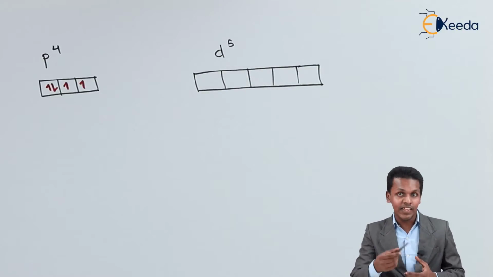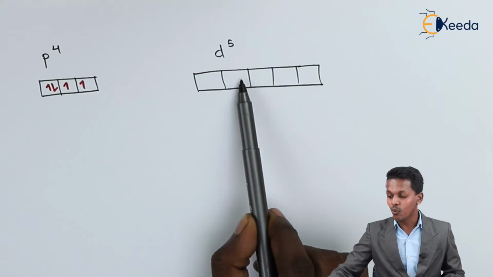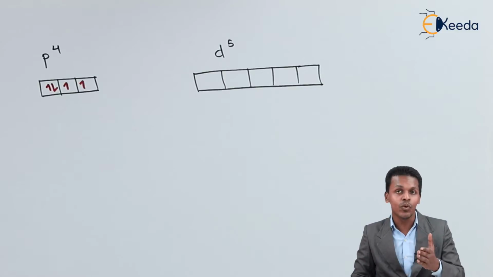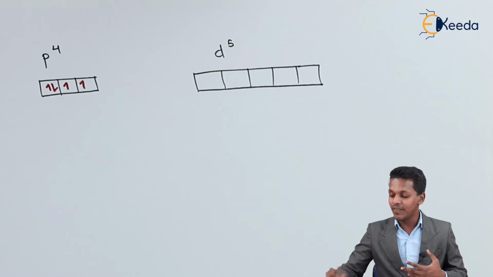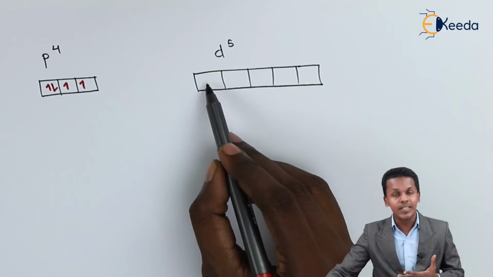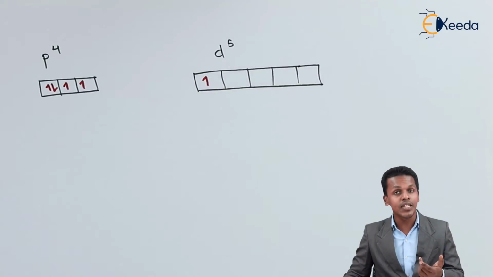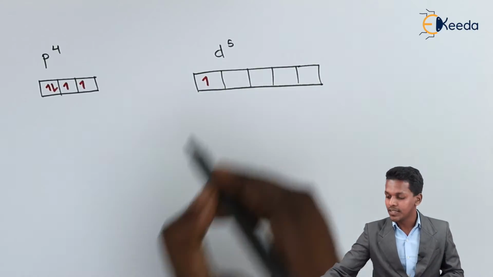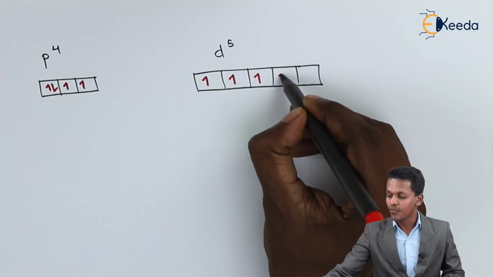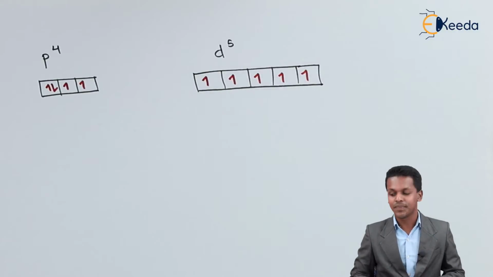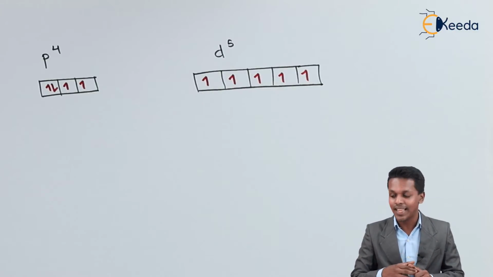We won't fill them by putting 2 electrons in one orbital and then 3, 4, 5. That is not the rule according to Hund. Instead, we fill the first electron in the first orbital, the next electron over here, the third here, then the 4th, and then the 5th. This is how we should fill the electrons.